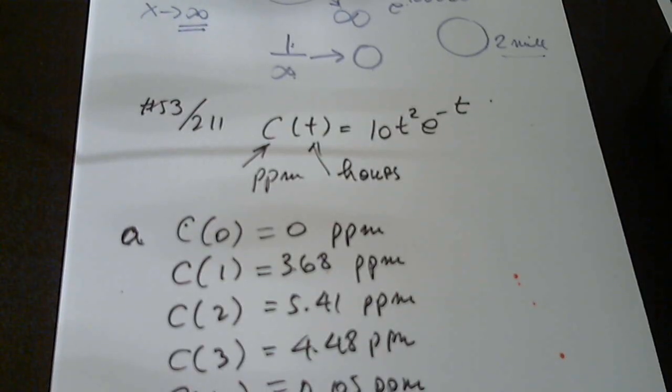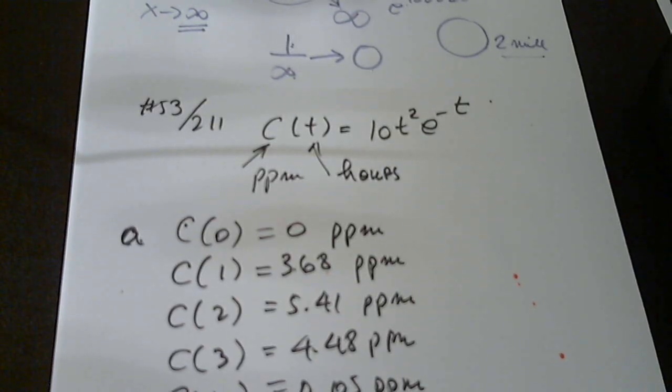Excellent. So you see the graph starts as expected at 0. And then at 1, did I use a 1? Yes. Okay, at 1 is 3.68. The scale here is 0 to 10. 1, 2, 3.